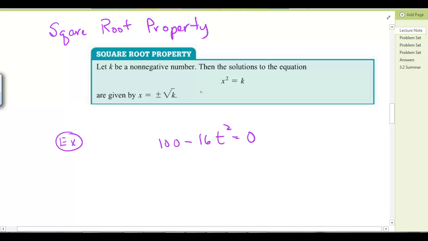So this works nicely when we don't have a middle term, we just have 2 terms. In this case, we have the t squared and we have a constant. So let's move this 16t squared to the other side.